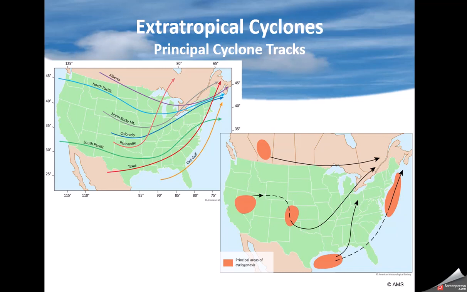One of the things about extratropical cyclones is the greater the temperature gradient, the better chance it's going to be a strong low. Well, on the east coast in the wintertime, you have Arctic air that comes out of Canada, comes into the east coast. Over the ocean, you have a Gulf Stream.